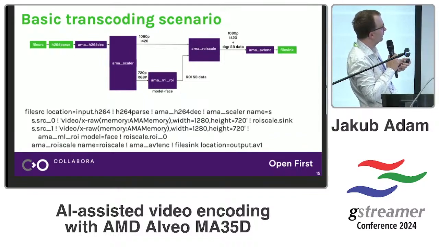So it will give you your original image that you want to encode, and the other output of the scaler will be fed to the ROI filter here in face mode, and here in the ROI scale the inputs will be combined, converted to the DQP sideband data, and the encoder will use them to improve the encoding.